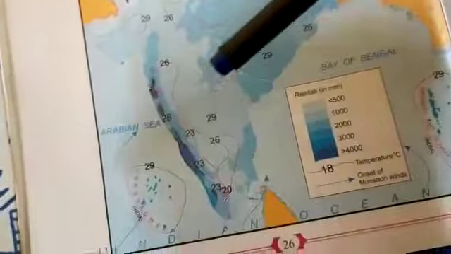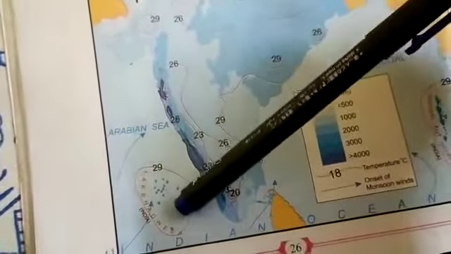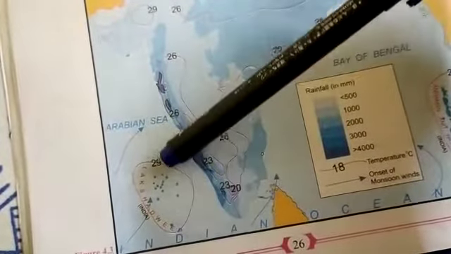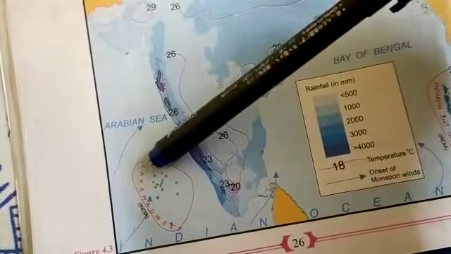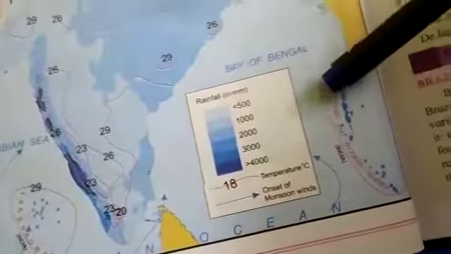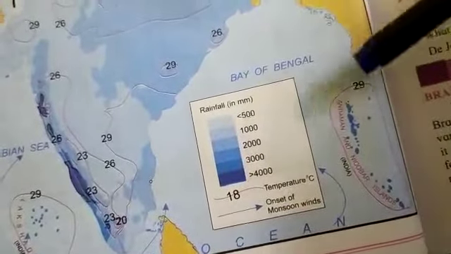And then how can we forget the islands? The Lakshadweep Islands are a part of our country. What temperature is mentioned here? 29. And in the Andaman and Nicobar Islands it is 29 again.